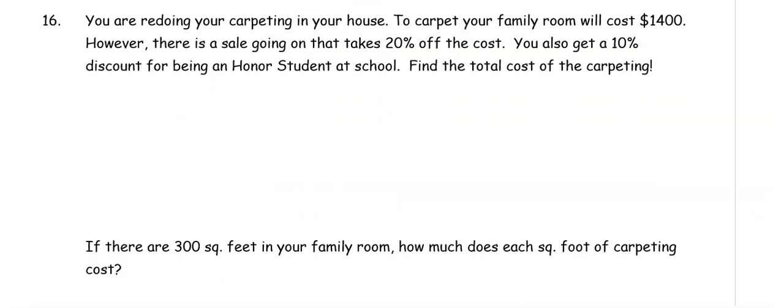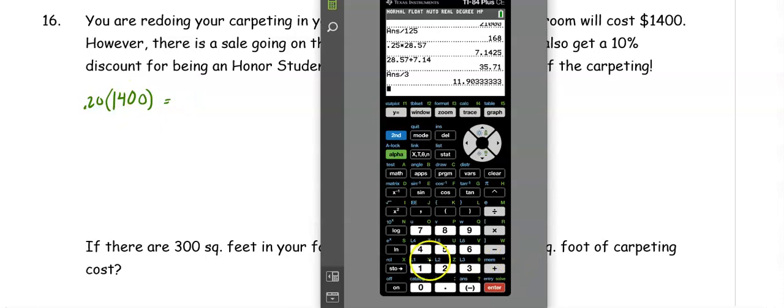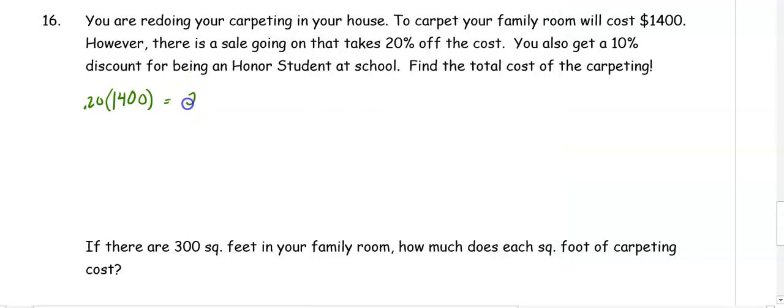Number 16, you are redoing the carpet in your house. To carpet your family room, it's going to cost $1,400. However, there's a sale going on to take 20% off. You also get 10% off for being an honor student at school. Find the total cost of carpeting. So we're going to take the cost and first multiply by the discount of 20%. So 1,400 times 0.20, and that gets us $280. So we need to subtract that from our cost.